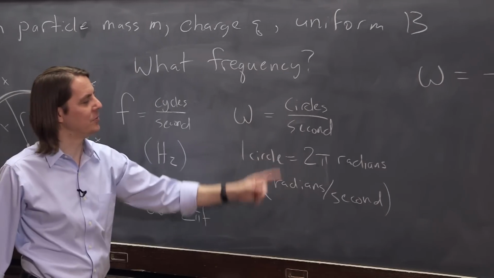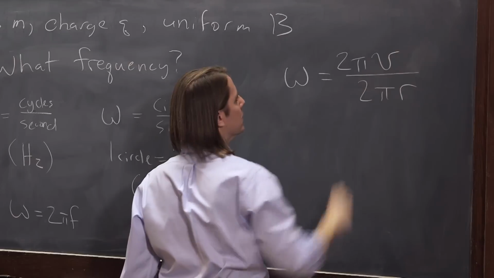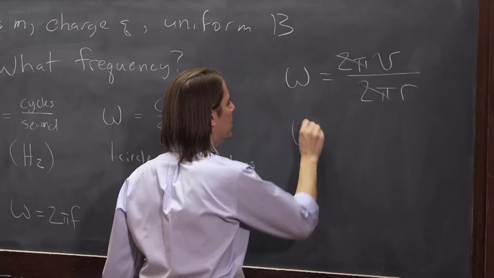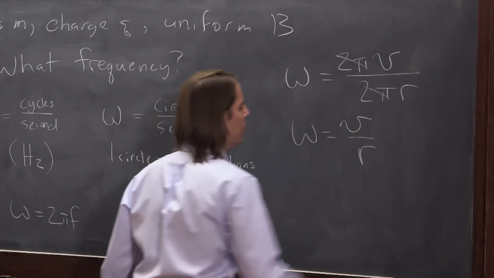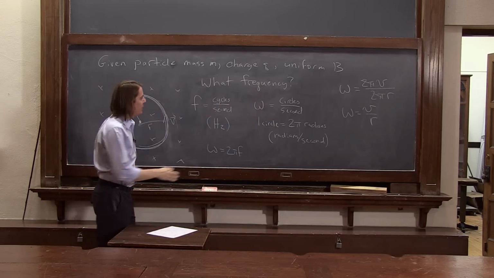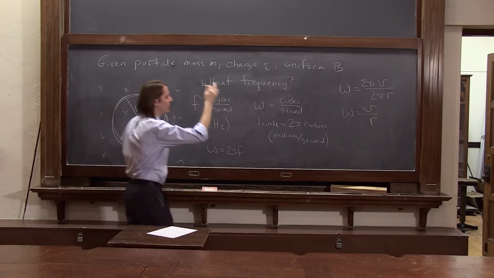But we actually do it in radians per second, so we need to multiply those circles by 2 pi. And then you can see the 2 pi's go away. So omega is v over r for any circular motion, actually. Now for this case, we plug in for r. We already solved for r in terms of all these variables.